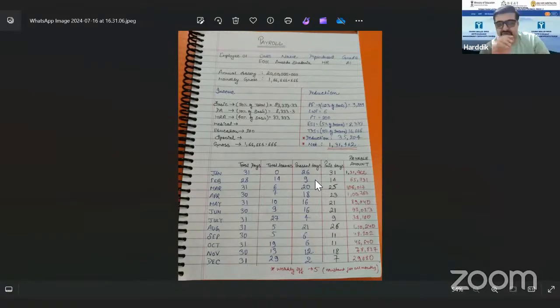Similarly, on the deduction part, your provident fund is a variable.